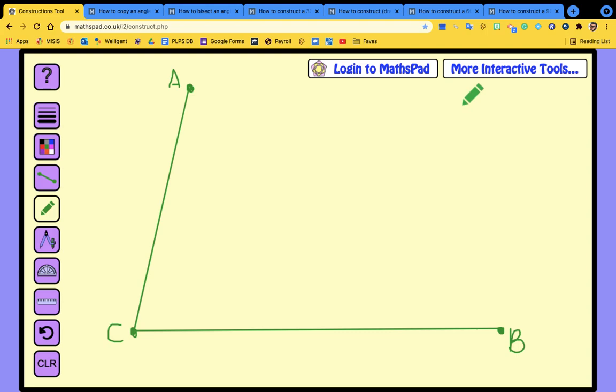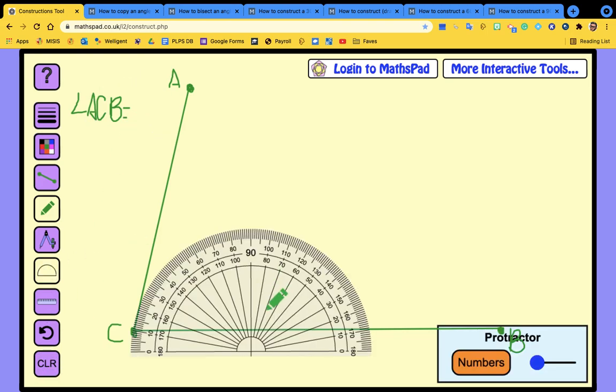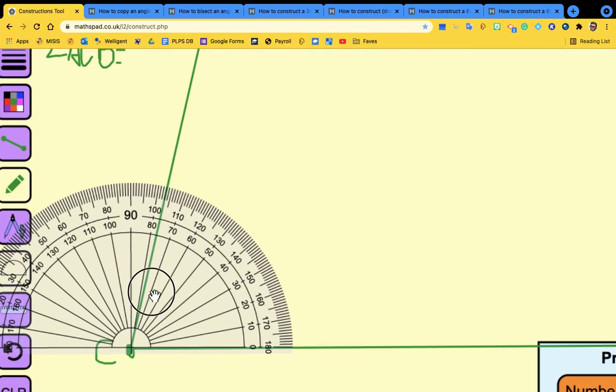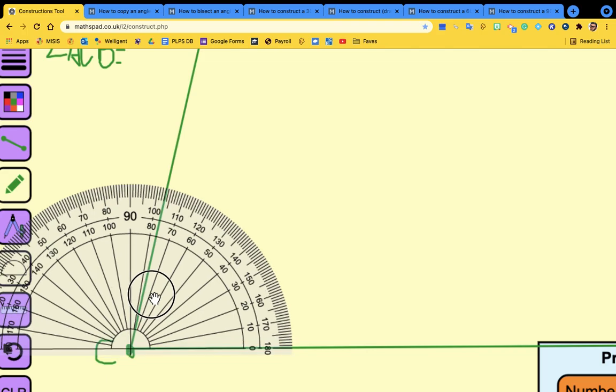So this is angle, where should I put it? Over here. This is angle A, C, B. And how much is this angle? Well, let's get our protractor and let us, again, put the little corner right there. Oh, look at that. I got lucky.